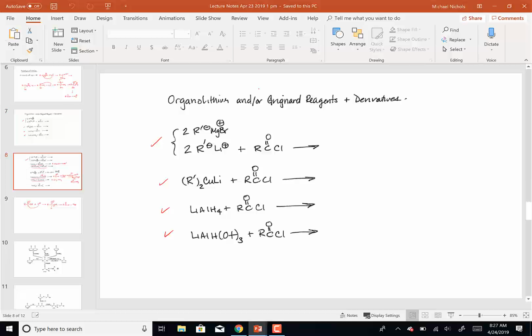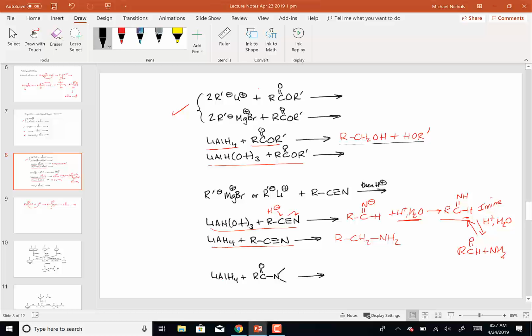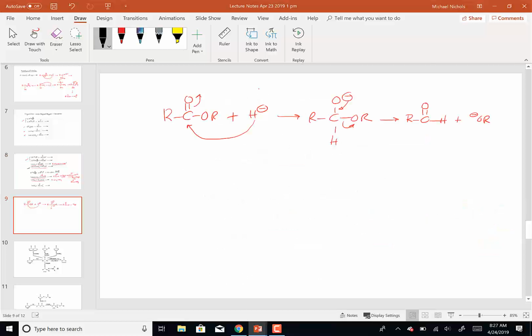The next one, we did this. I showed you that one. We did the mechanism of this one right here, because that was the mechanism that we did.